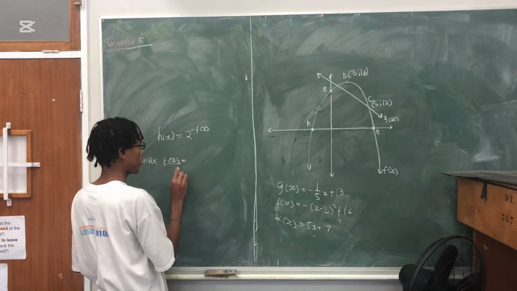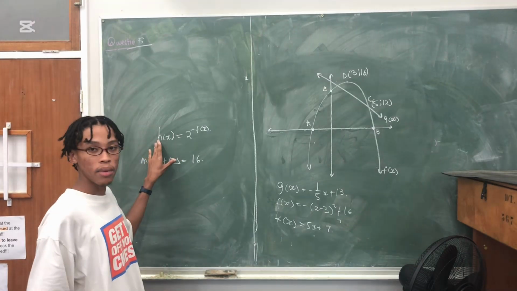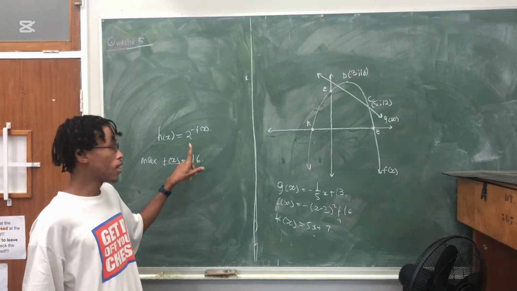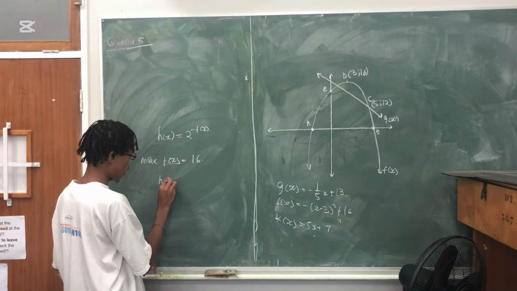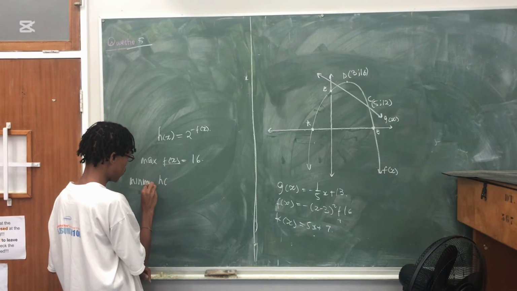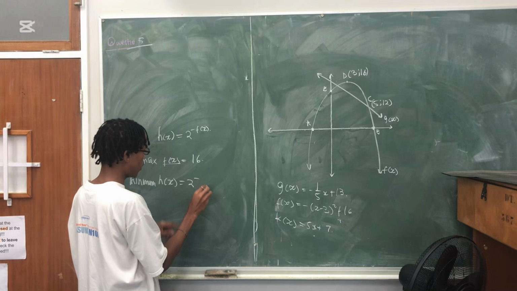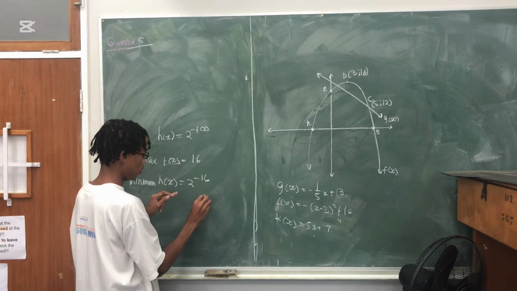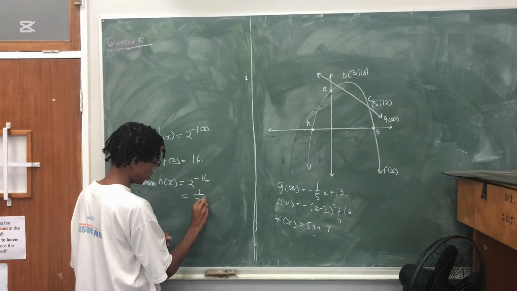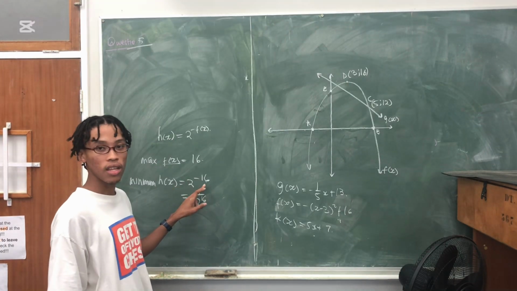To get the minimum value of the h of x function, we just need to substitute the maximum value of the f of x function into this function. Then we get 1 over 2 to the power 16. This value is the minimum value of the h of x function.